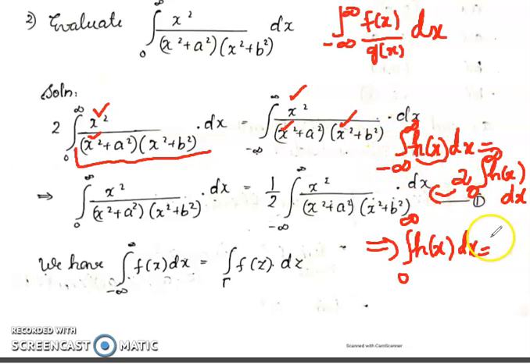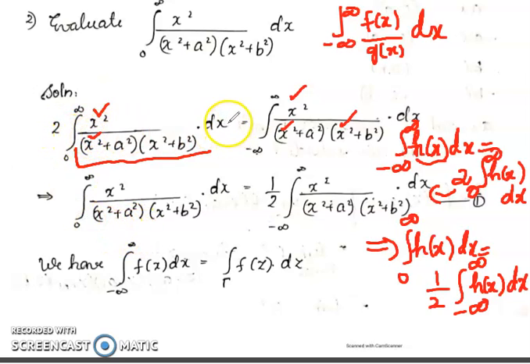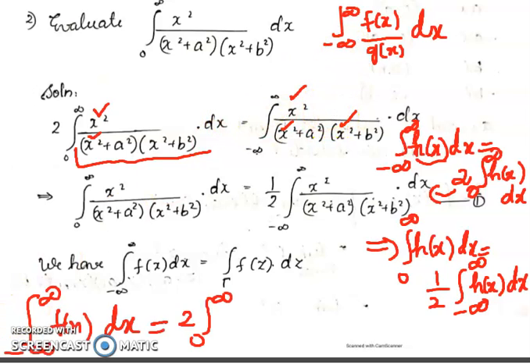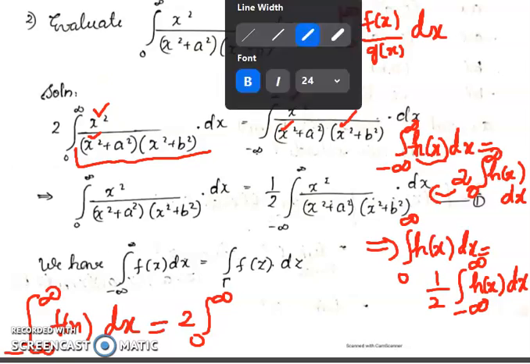So this is equal to 1 by 2 integral minus infinity to infinity h of x dx. So this is the main concept that we are using in the first step. So now let us use this concept here.